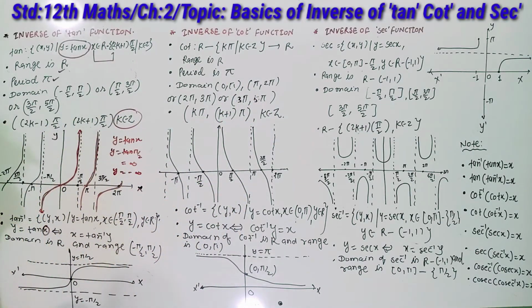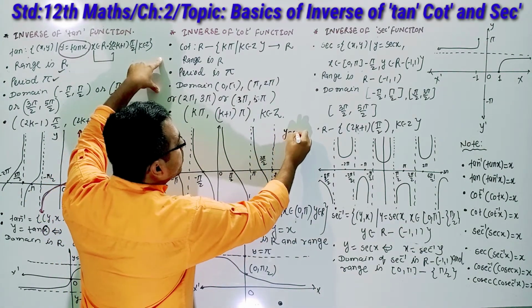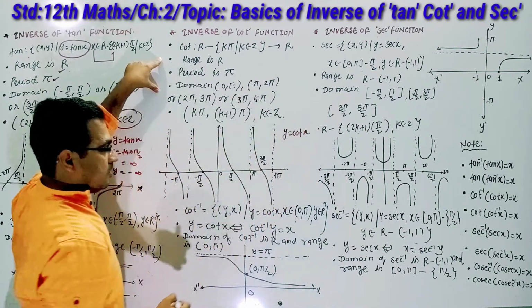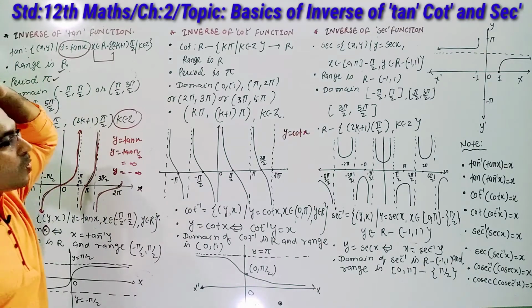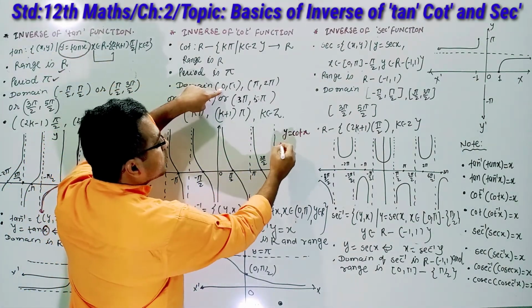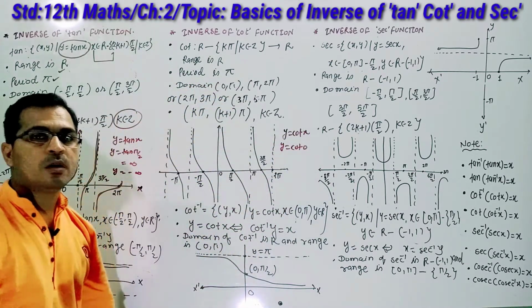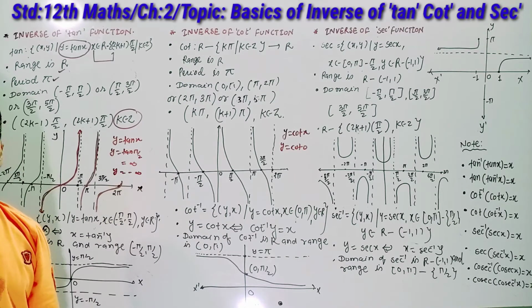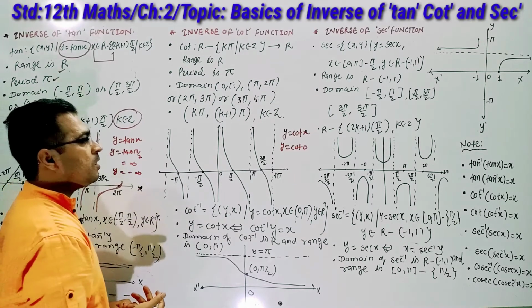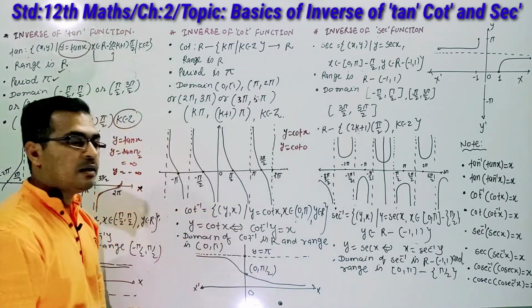Right students, so here we will plot the graph of y is equal to cot x. If you put x is equal to 0, then y will be cot 0, and we know that cot 0 is undefined.